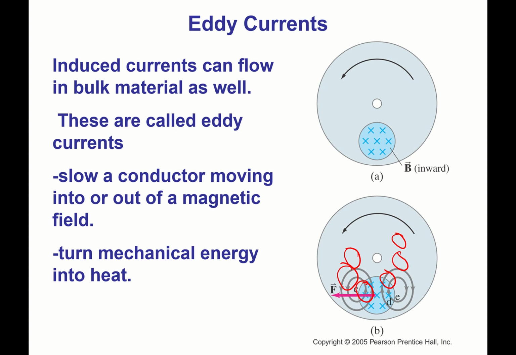An example of this is that if you plug your phone in to charge it up, when you pull the charger out of the wall, it's slightly warm. The reason is that it consists of a metal core with coils of wire wrapped around it. The wire carries current from the wall that's changing all the time, and that induces eddy currents inside the piece of metal inside your charger.